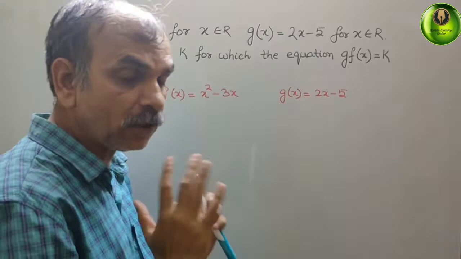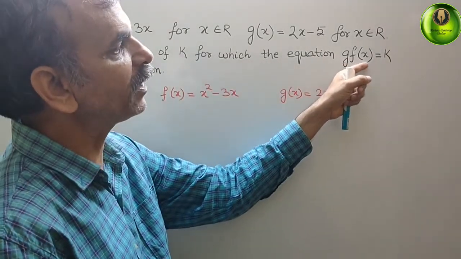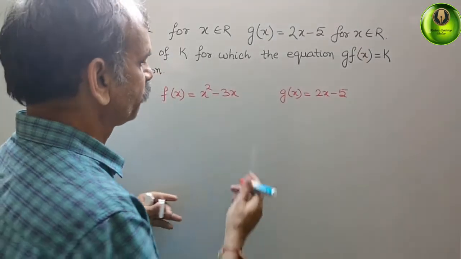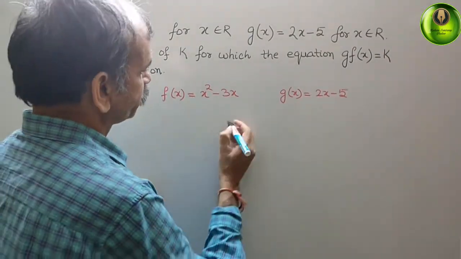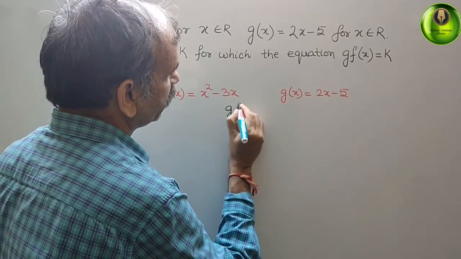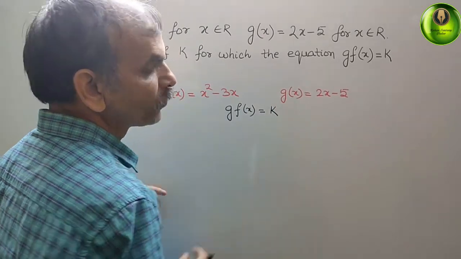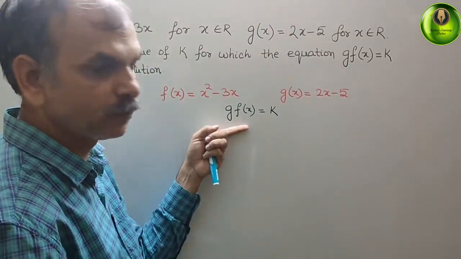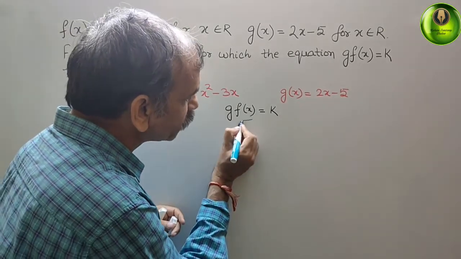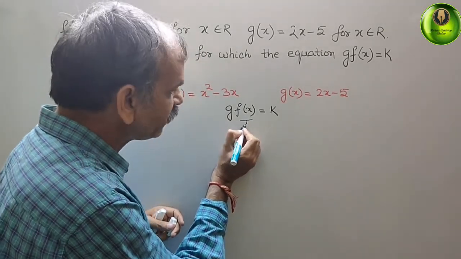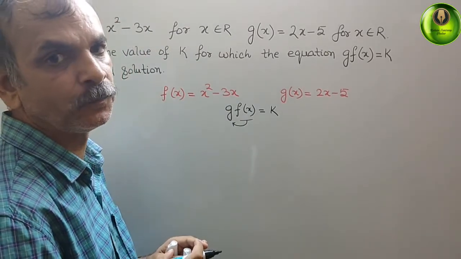Next, they have given g(f(x)) is equal to k. If you see this, what is that? That means you have to substitute f(x) in g.